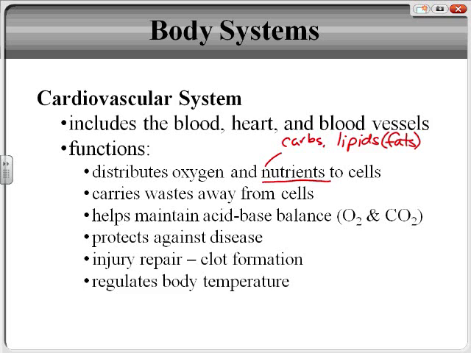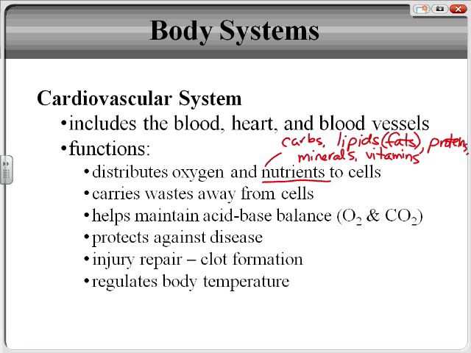We've got hormones, cholesterol, technically a lipid, is going to need to be transported. So carbs, lipids, we've got proteins, minerals, vitamins, these quote-unquote nutrients that need to be transported.